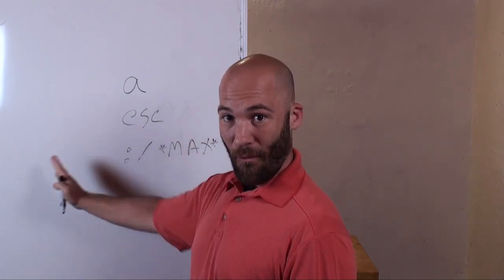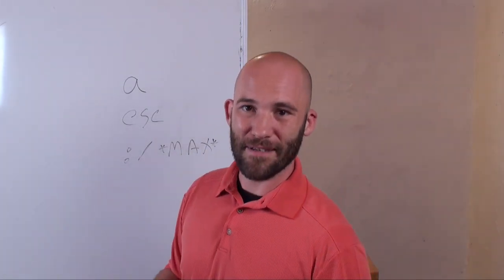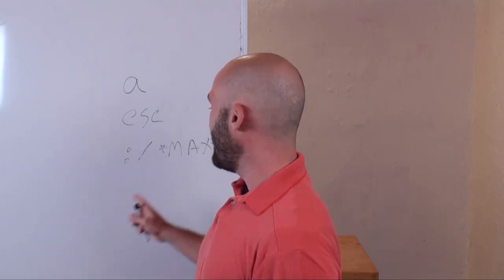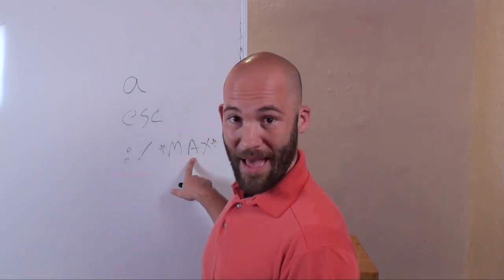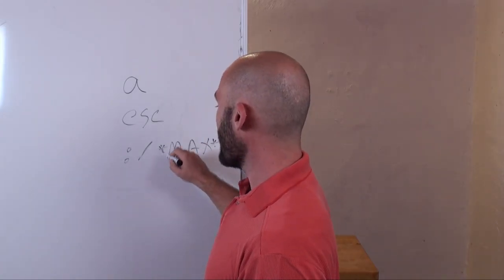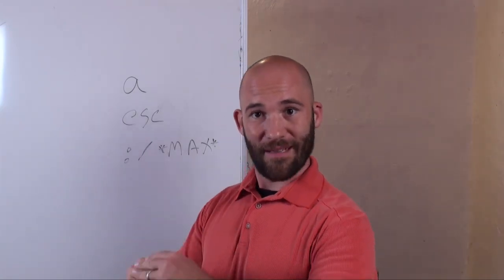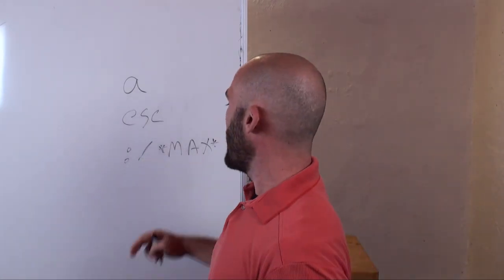So anything before max and anything after max, because sometimes if there's a space or a little character, this may not show up in your search if you just have max. So you use the wildcard, you do star, whatever it is you're looking for, star, and that will make sure that whatever it is you're looking for will show up.